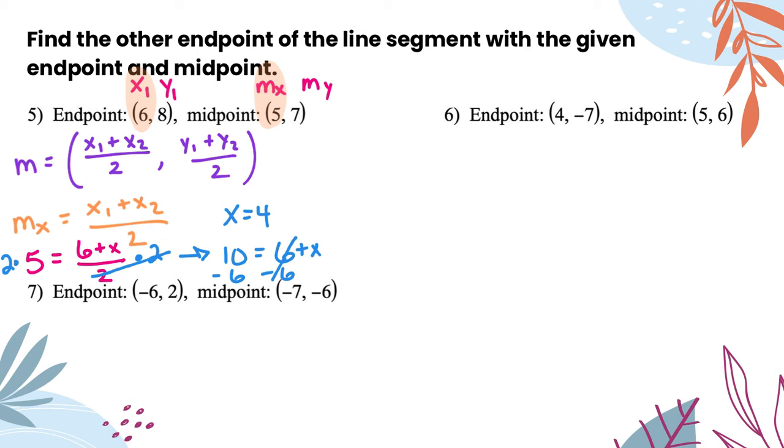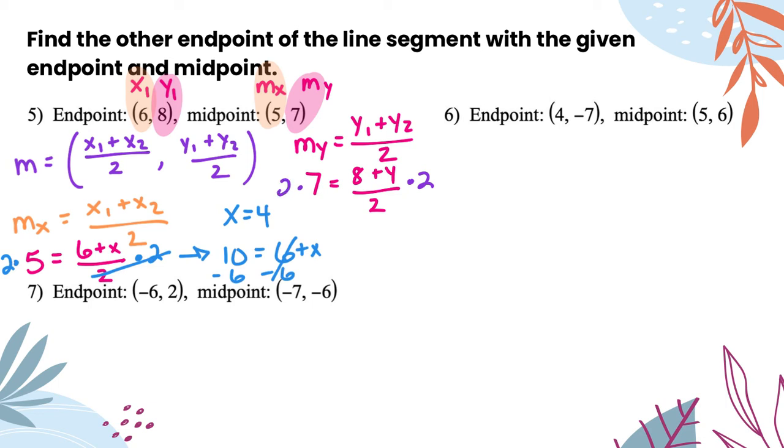So now I want to do the same thing for my midpoint. My midpoint for y is going to be equal to y1 plus y2 divided by 2. So I'm going to take my y value and my y midpoint. So 7, the midpoint, is equal to the endpoint plus the other endpoint divided by 2. Follow the same steps.